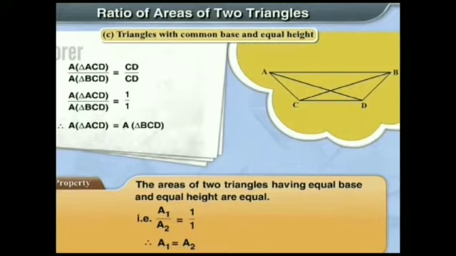So the third property is the areas of two triangles having equal base and equal height are equal. That is, A1 upon A2 is equal to 1 upon 1. Therefore, A1 is equal to A2.